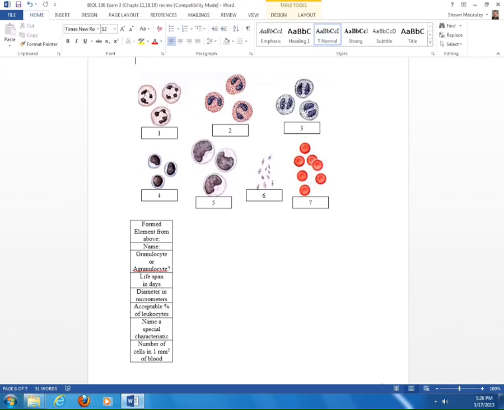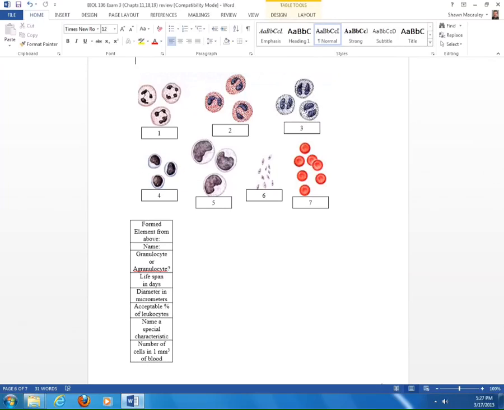It says there's a range of 30 to 70%. Yeah, so the neutrophils are going to be like 60 to 70%, okay? 60 to 70% for the neutrophils. They are the most numerous. Neutrophils are the most numerous.